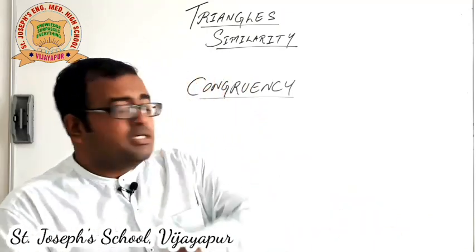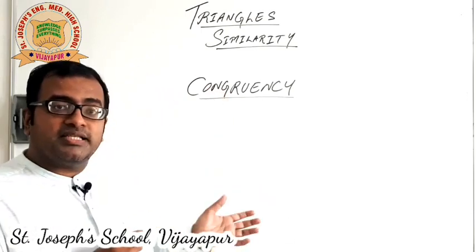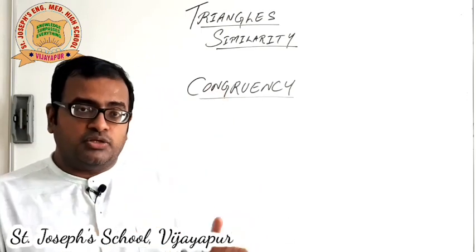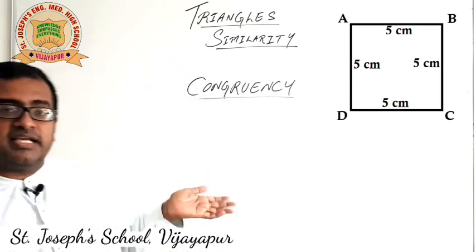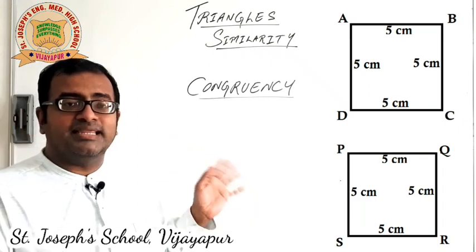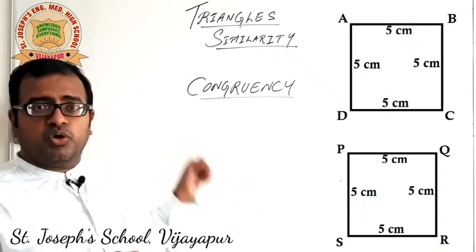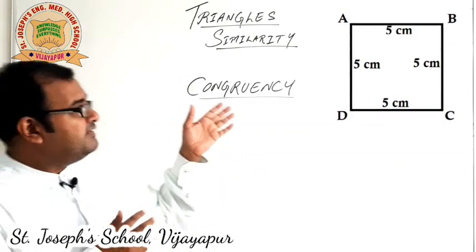Let's talk about other diagrams like a square now, two different squares of the same edge. For example, the first one is 5 centimeters, ABCD, and the second one is PQRS, that is also 5 centimeters. In that case, both of them will fit into each other. So let us talk about the first one.